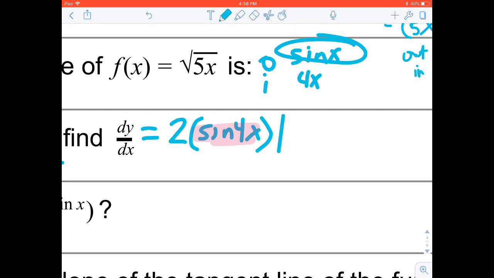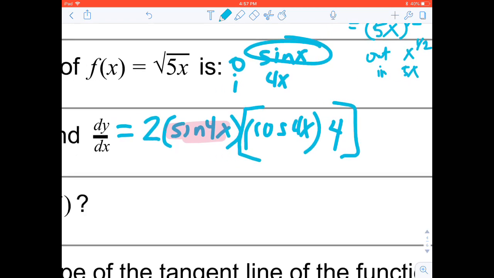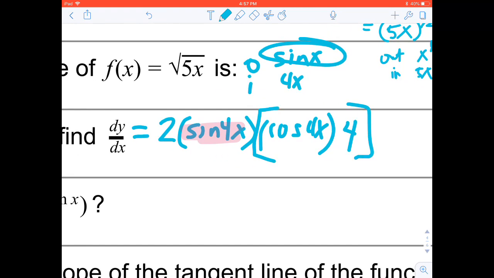So I have to take the derivative of the outside. Derivative of sine is cosine. Keep the inside, so I'm not writing the x, I'm writing 4x in order to keep that inside part, times derivative of the inside. Derivative of 4x is 4. So I'll even put brackets here so you can see how this worked out. This is the derivative of the outside, keeping the inside, and this is the derivative of the inside.